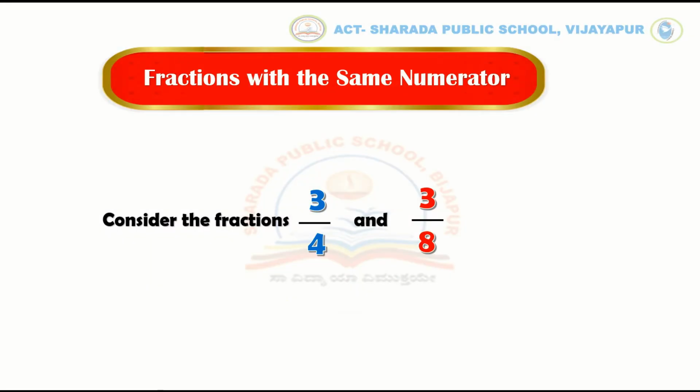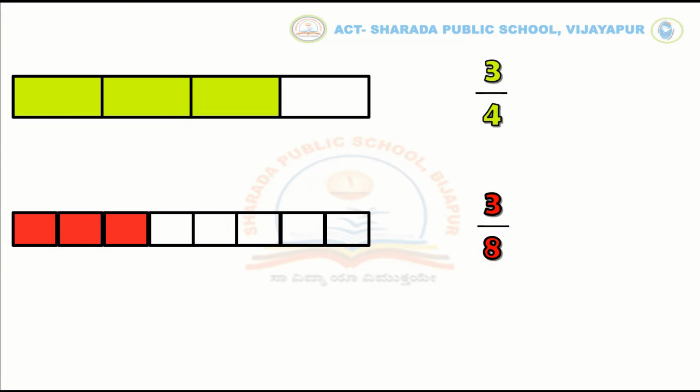Children, let's see how to order the fractions with the same numerator. Here, we have considered the fractions 3 by 4 and 3 by 8. Here, we have the same numerator. This is a picture form of 3 by 4 and 3 by 8. Children, observe carefully.